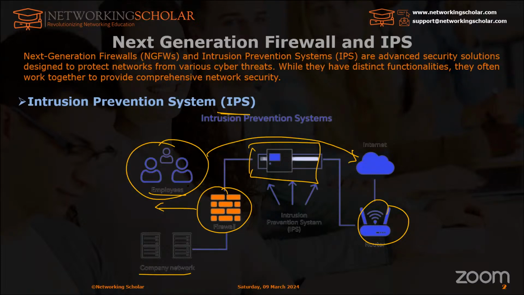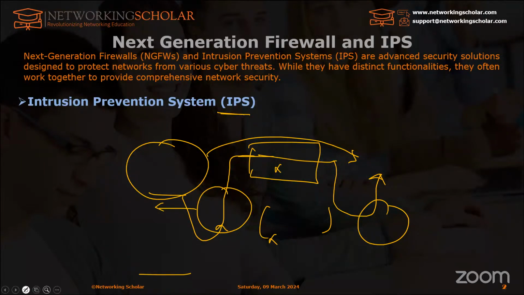Suppose we have allowed all traffic, so the traffic will pass through the firewall, and it will be inspected by IPS. IPS will check everything, inspect the traffic, and allow it to go to the internet. And if there is something which is not allowed, like a file upload, in that case it will block the traffic. These kinds of things can be done by IPS as well.